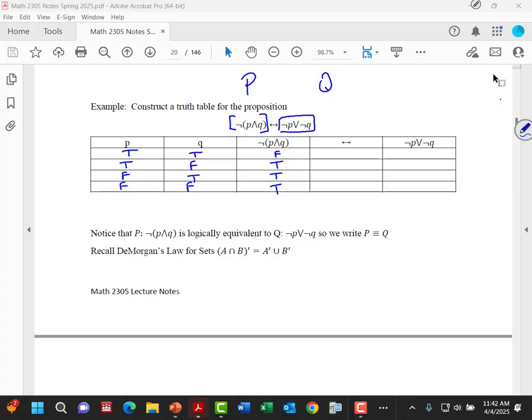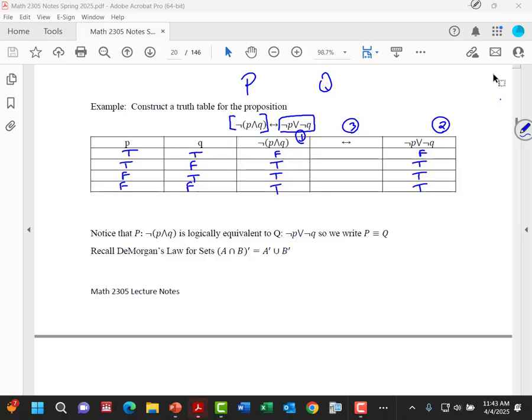Now, we did that one first, we'll do this one second, and then third we'll look at the biconditional connector. Not P or not Q would give false, true, true, true.